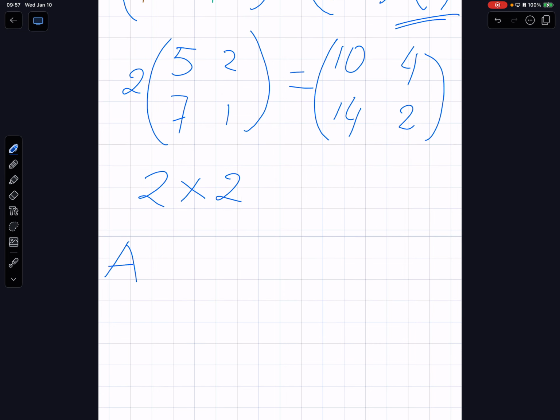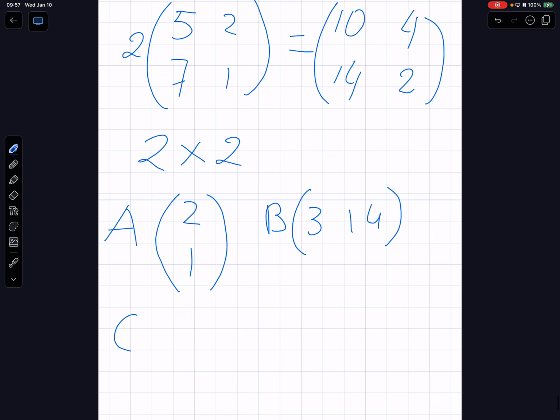Let me place a few and then we'll get into it. And then you have C. Yes, you have different types of matrices.